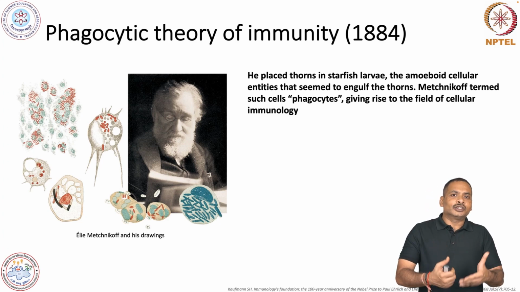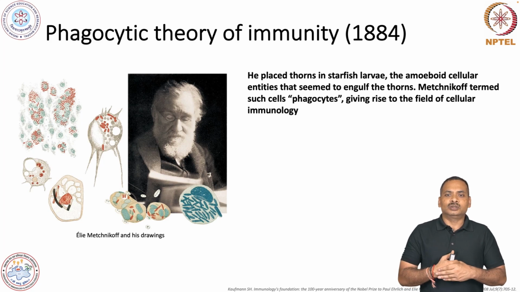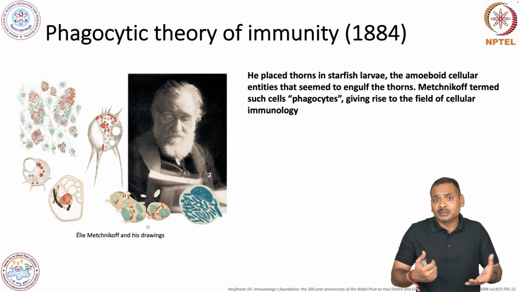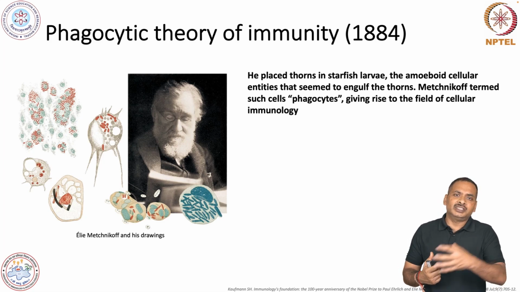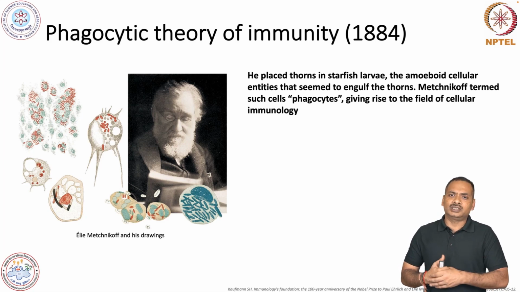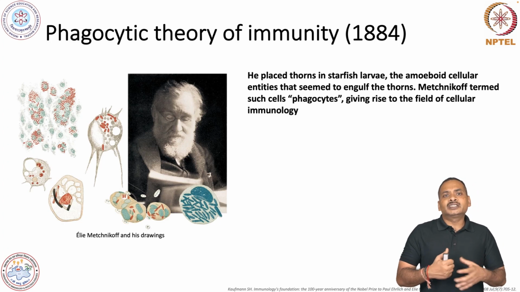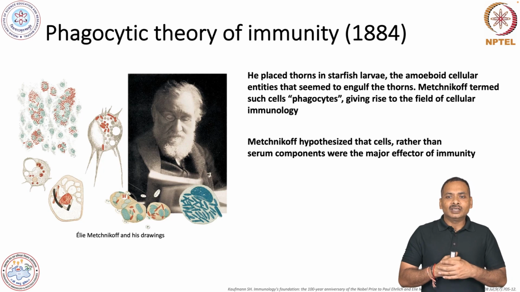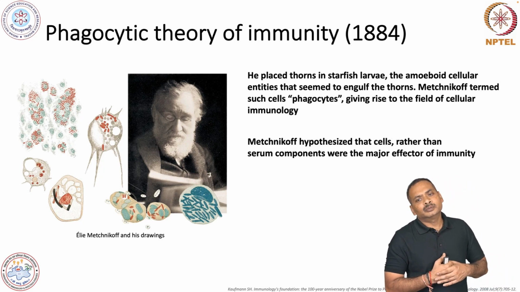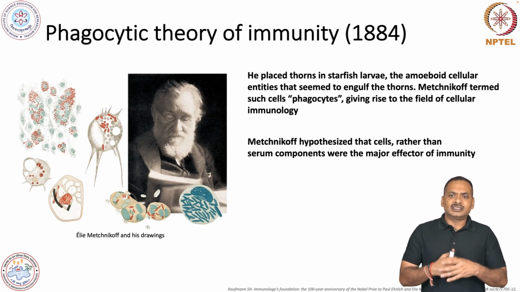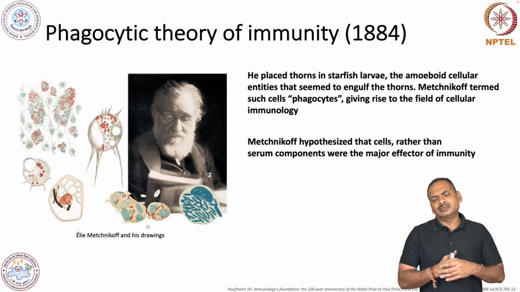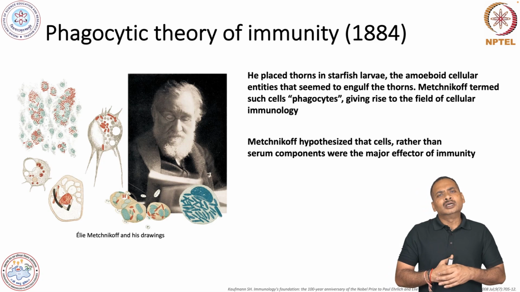And then his theory got a lot of support, because he demonstrated that there are some cells which eat the pathogen or eat the foreign thing. This gives the concept of cellular immunity. Mechnikov hypothesized that the cells, rather than the soluble component, play an important role in defense.